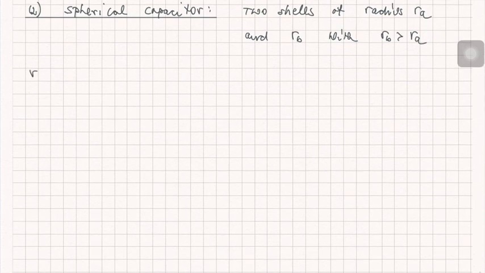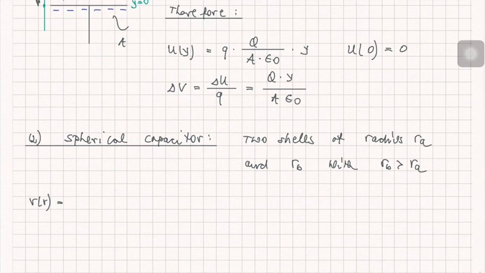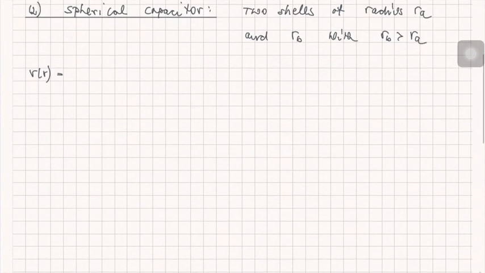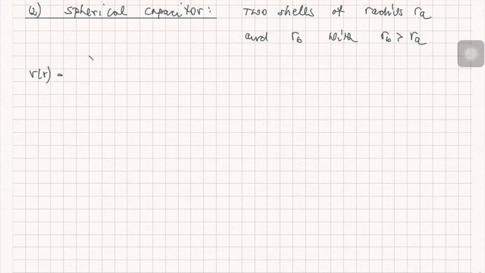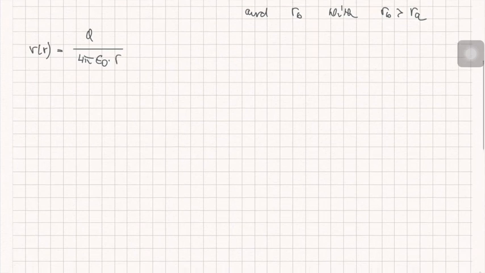Now the electrical potential, and again I will not derive this right now, is something you can easily do for yourself. Imagine I give you a spherical shell with a certain amount of charge on it. Apply Gauss's law, and you get the value you know from a point charge: the charge divided by 4 pi epsilon naught times r.